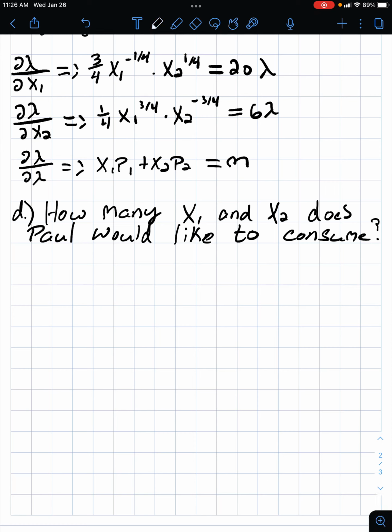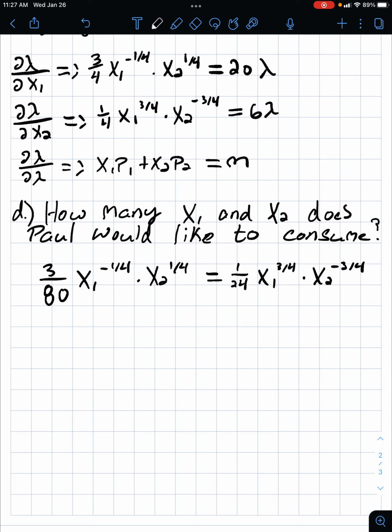So we'll get 3/80 x1^(-1/4) times x2^(1/4), which is going to be equal to 1/24 x1^(3/4) times x2^(-3/4).